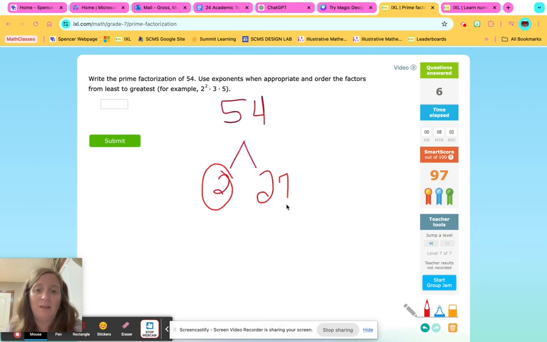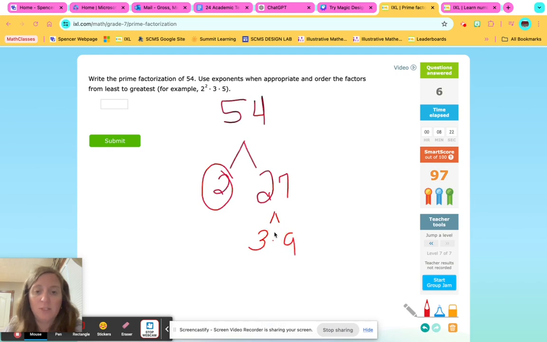Now 27. So again, if you weren't 100% sure what goes into that, go ahead and immediately go to 3. 2 plus 7 is 9. 9 is divisible by 3, so the whole thing's divisible by 3. So then it would be 3 times 9 is 27.